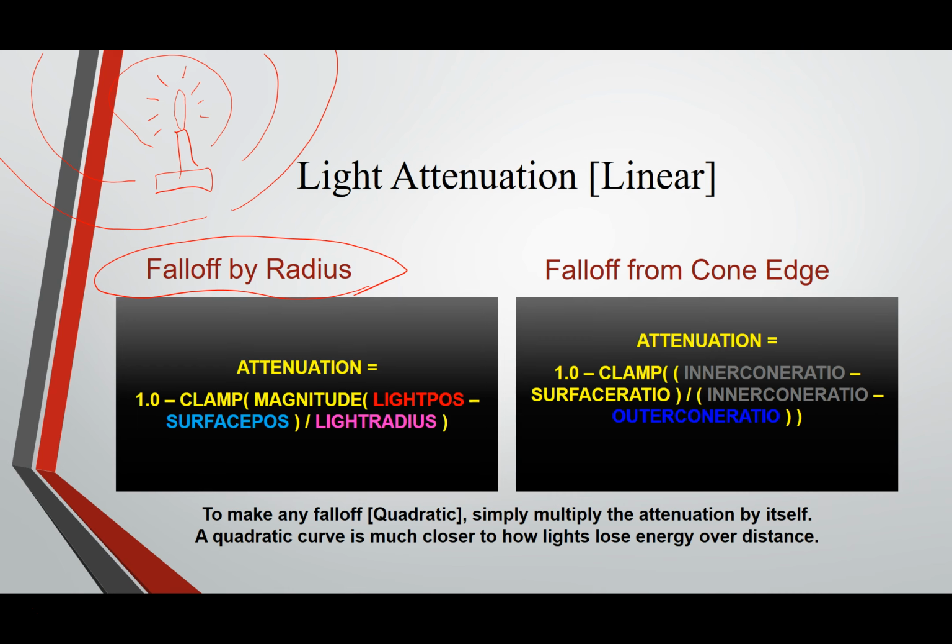All right, so let's look at this equation. Attenuation equals 1 minus clamp of the magnitude of light position minus surface position, divided by the light radius. The light radius is what we're using to describe the absolute maximum distance of the light.